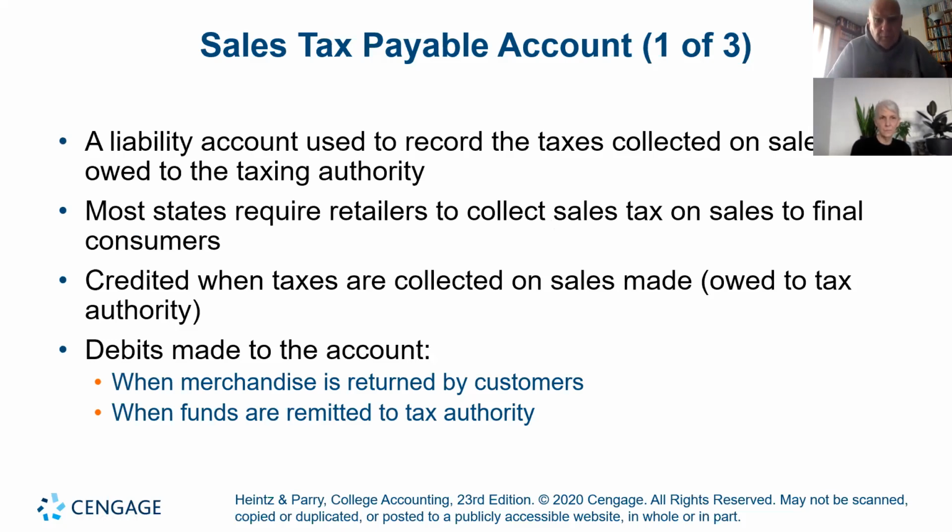We get a sale and there's sales tax, so we credit sales tax payable for the amount of that sales tax. Most states require retailers to collect sales tax, credited when the taxes are collected on sales made. You credit the account when you sell it.